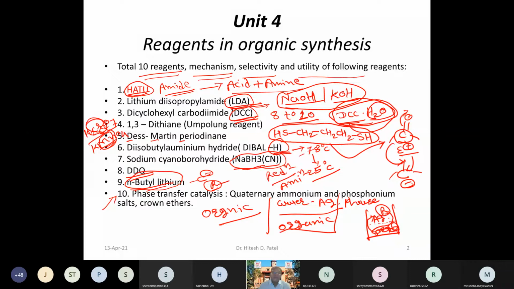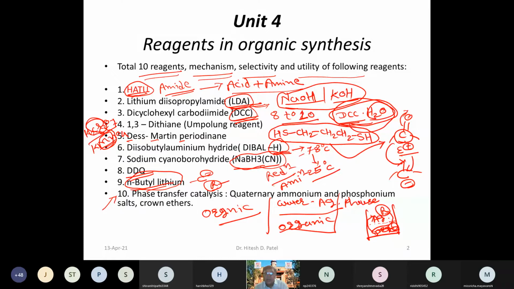Suppose you want to carry out a cyanation reaction, if you want to introduce a cyano group on an organic compound, and your reactant is NaCN. As we know, the sodium salt of cyanide, NaCN, is water soluble. But you would like to carry out the cyanation reaction by using NaCN, and your substrate, the organic compound, is soluble in organic phase.